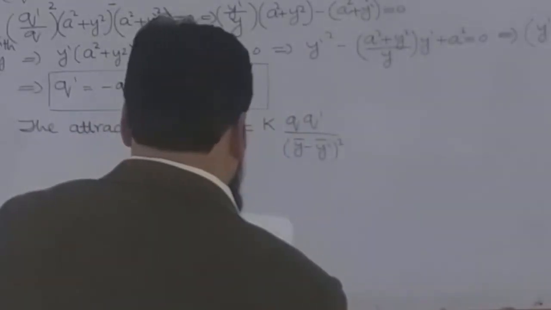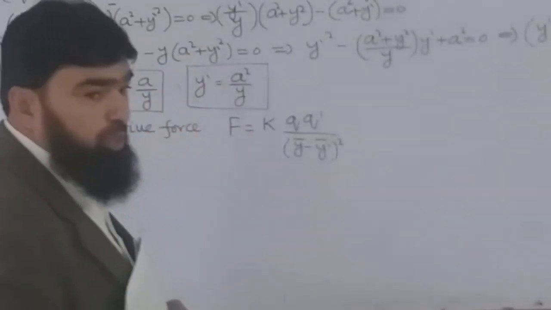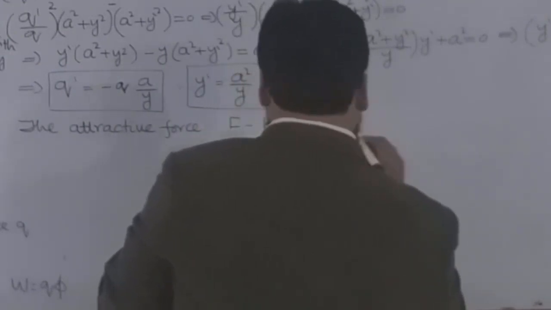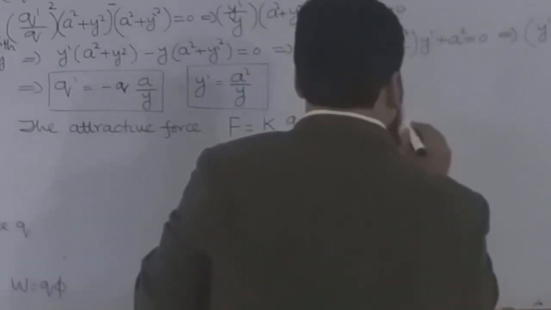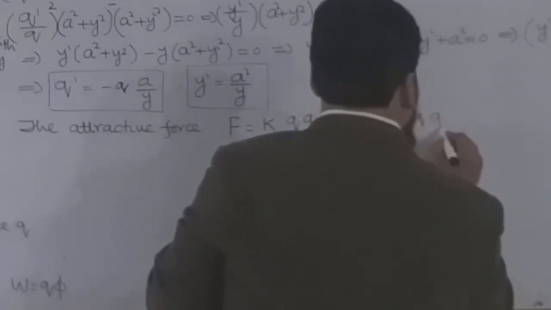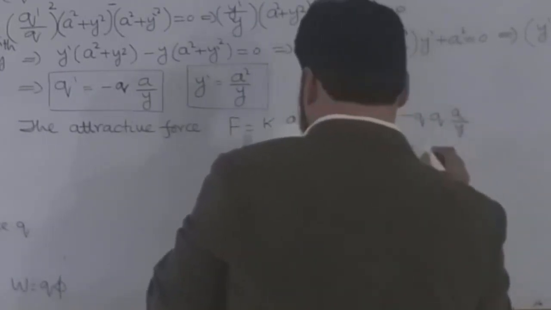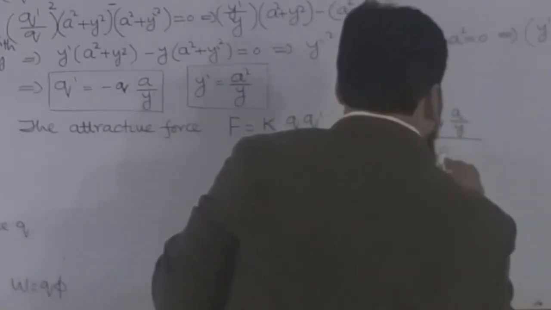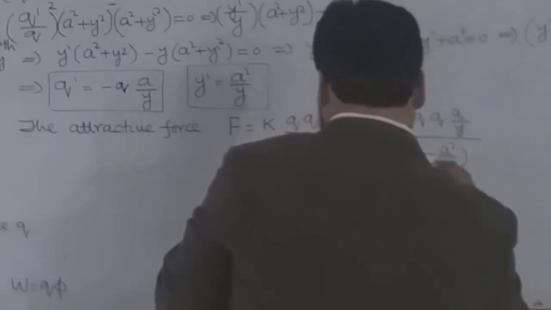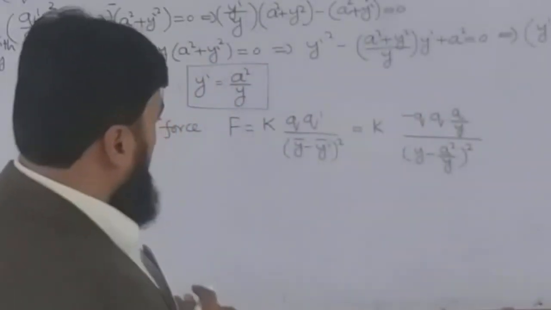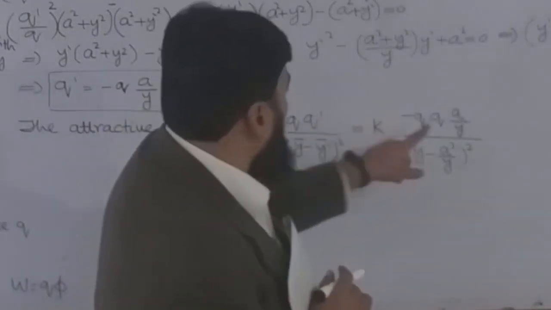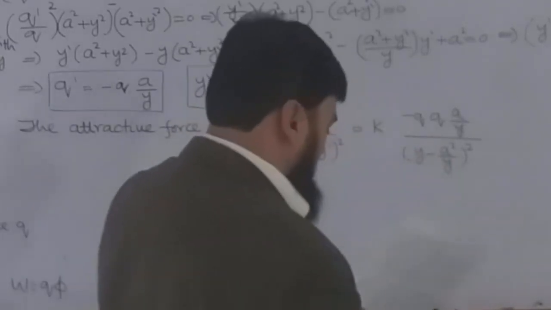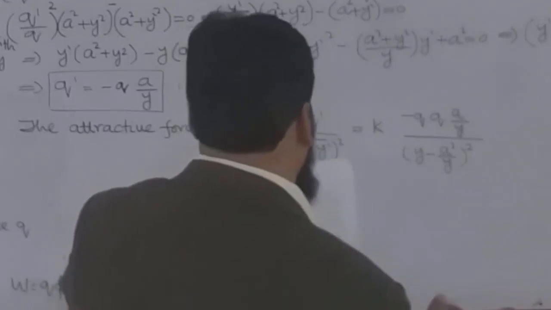This is the force. Now put the values of q prime and y prime, and we will have F equal to k times minus q a over y divided by y minus a squared over y, whole squared. Means for q prime I put q times a over y, and for y prime I put a squared over y, and then I do some simplification.